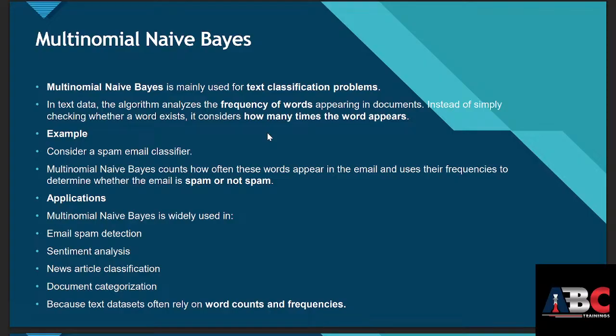Consider a spam email classifier. Multinomial Naive Bayes counts how often each word appears in an email and uses their frequencies to determine whether the email is spam or not spam. The multinomial Naive Bayes is widely used in email spam detection, sentiment analysis, news article classification, and document categorization, because text data sets often rely on word counts and frequency.